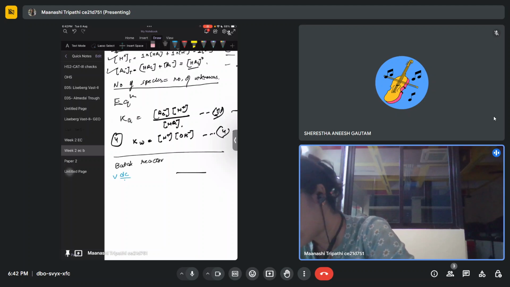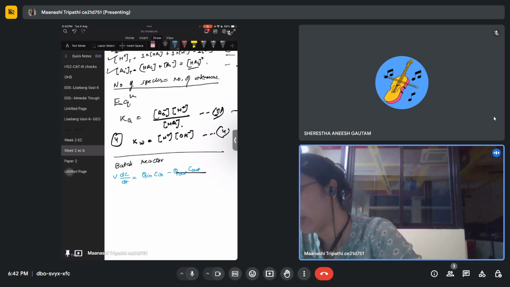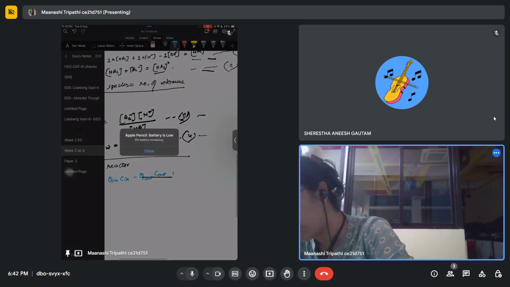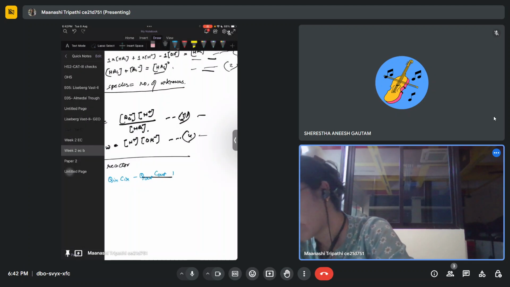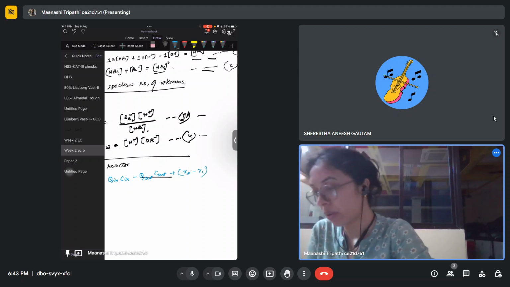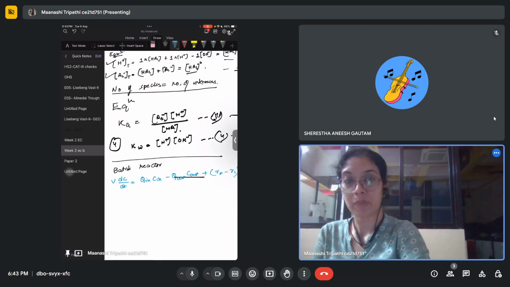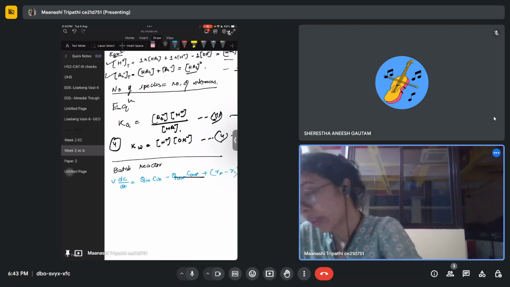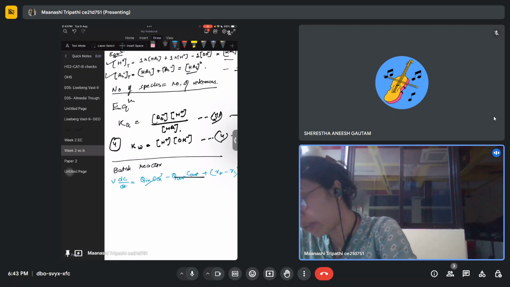V dC by dt is equal to Q in C in minus Q out C out plus V RF minus RL. Then we know that there is no incoming and outgoing, so this part will become 0.